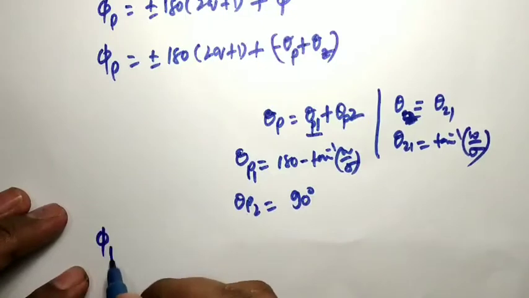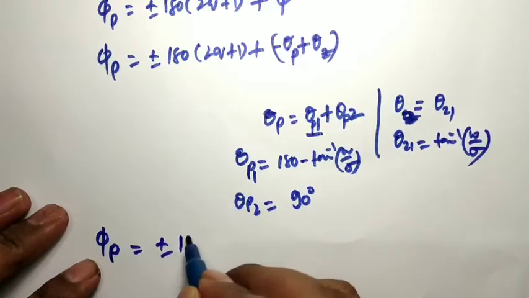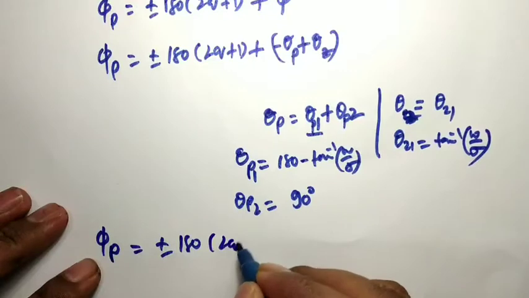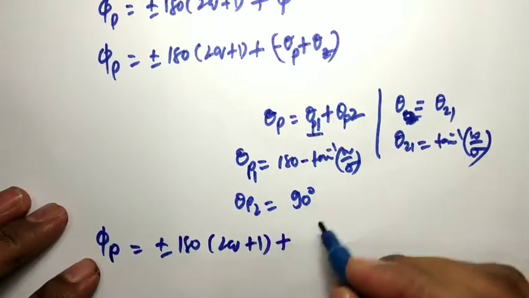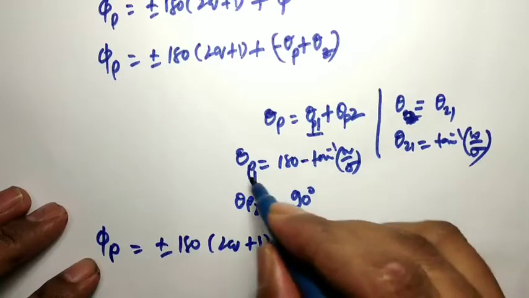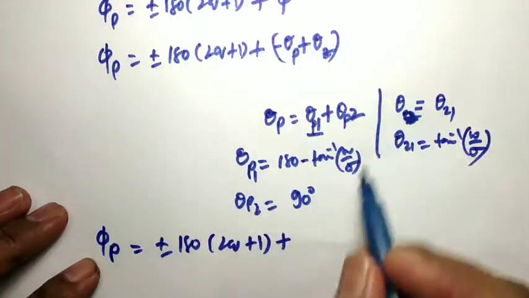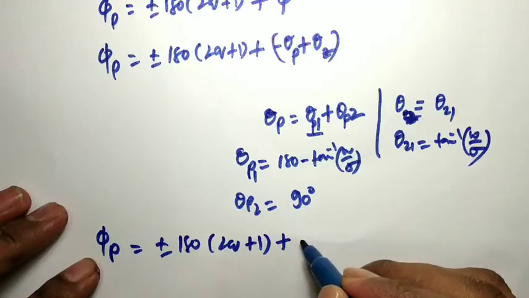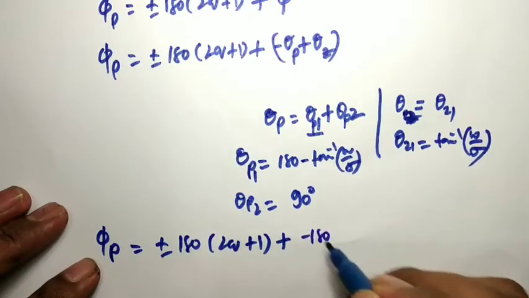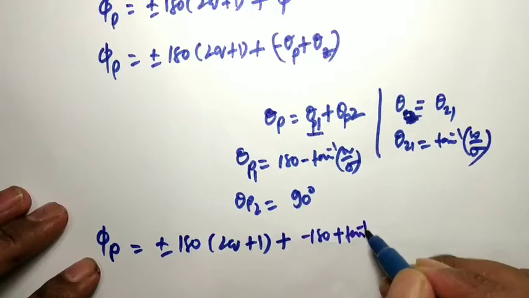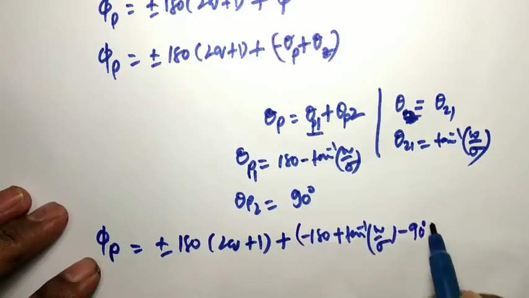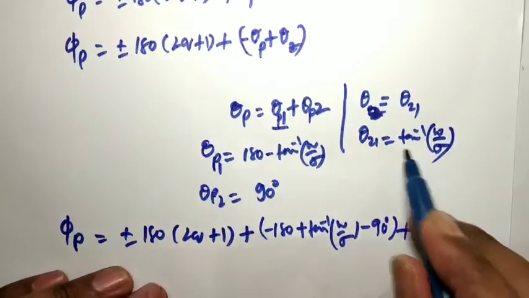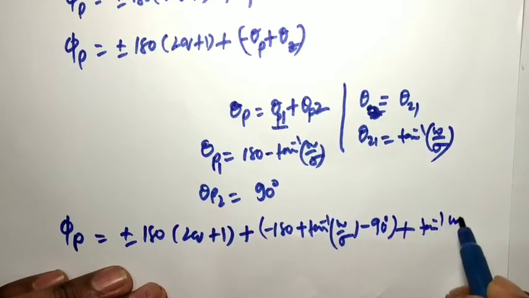So you can write here plus or minus 180 (2q plus 1). Plus minus means I am going to multiply inside the minus, so what you get is minus 180 plus tan inverse, minus 90 degrees, and plus tan inverse omega by sigma.